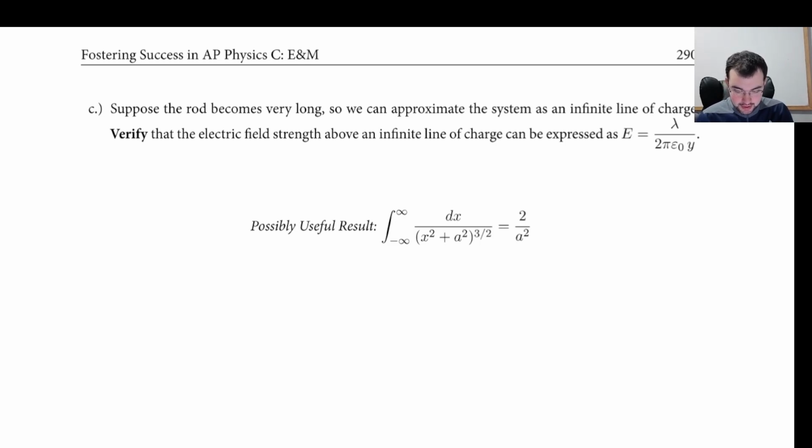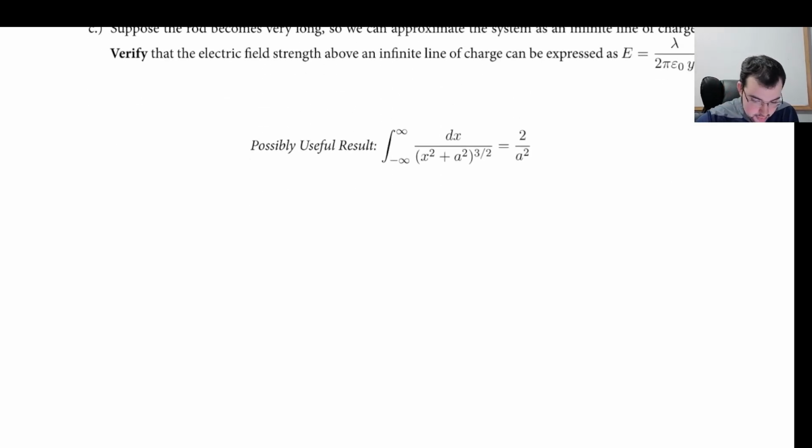That if we have a very, very long wire, this is a formula we're going to derive later. Let's show that this works using this integral identity I presented to us. So we actually said that E could be written as this.